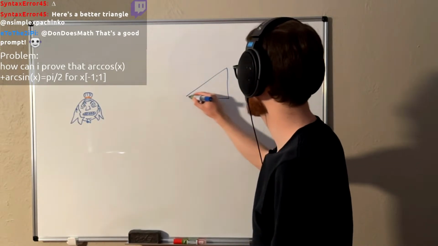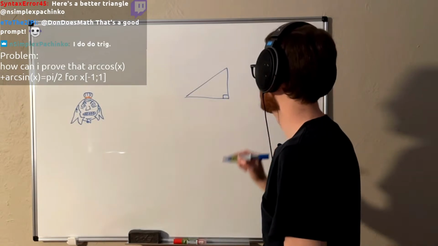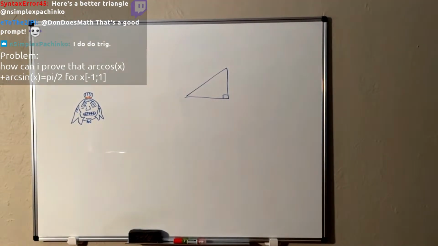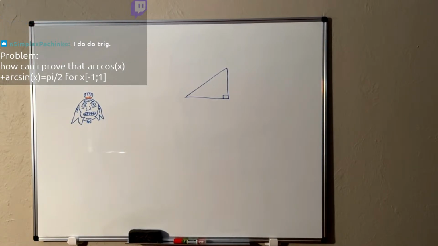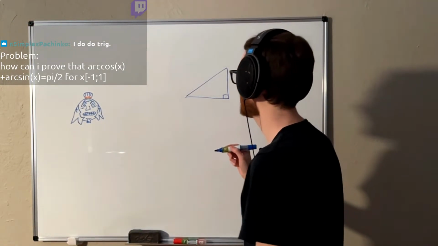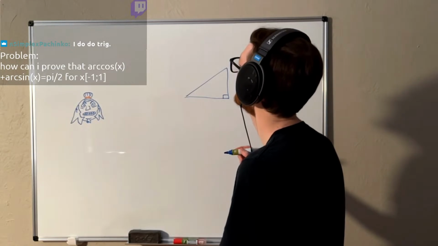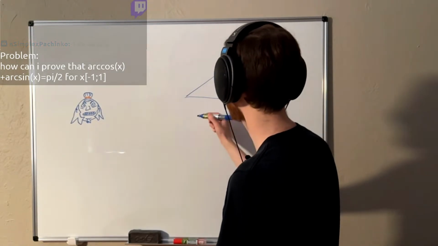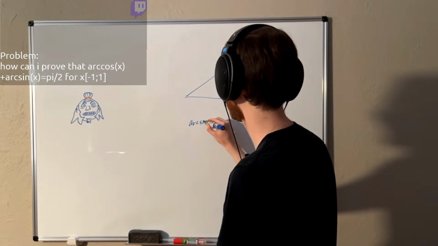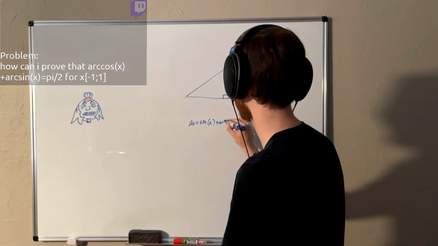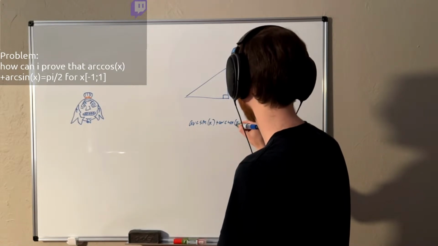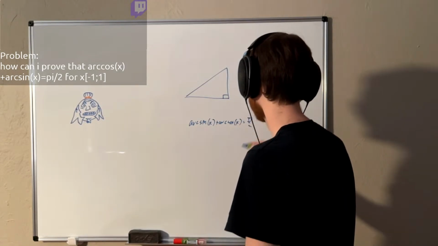All right, so Malik. What we do here is draw a right triangle. You do trig. What we have is arcsine of x plus arccosine of x is equal to pi over 2.